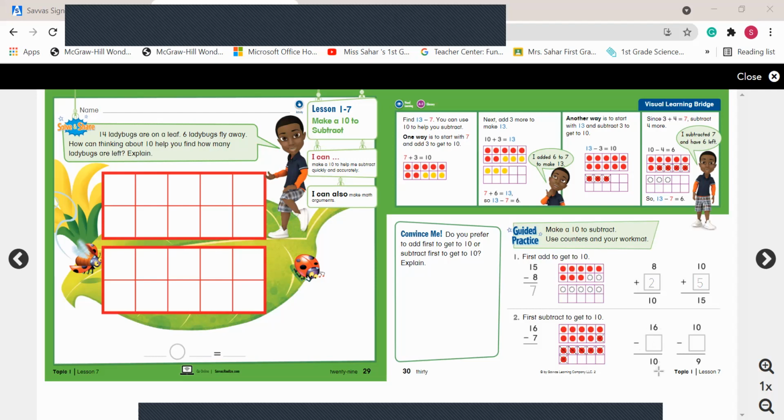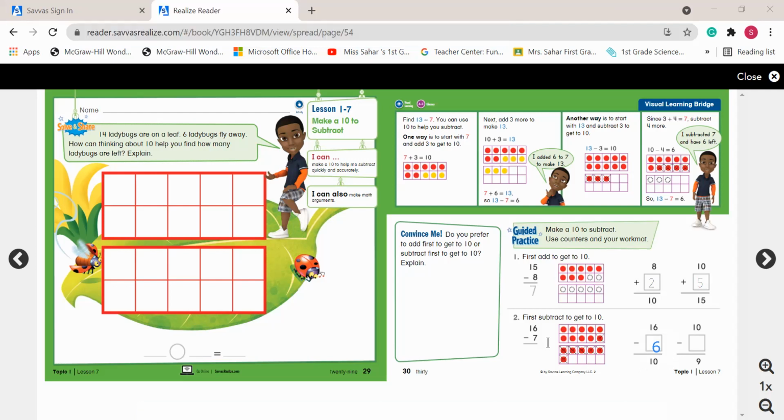And then what happened? Then you take away 1 more, because your subtraction equation, the second addend, is 7, right? To make it 10, what did I do? I crossed all the 6, all the extra, to have 1 ten frame. So I crossed 1, 2, 3, 4, 5, 6. So I'm going to say here, 16 take away 6 equals 10, right?